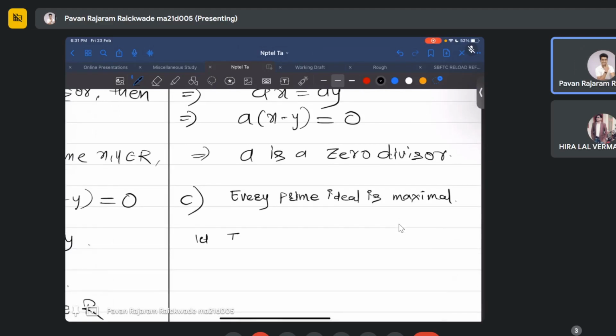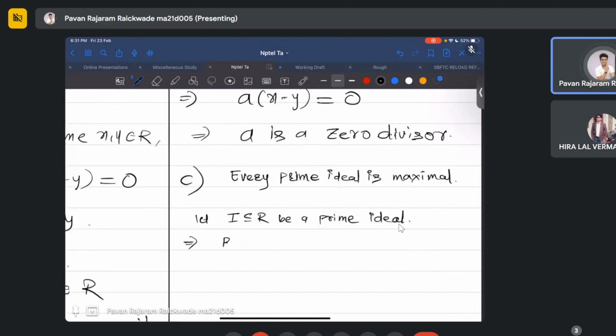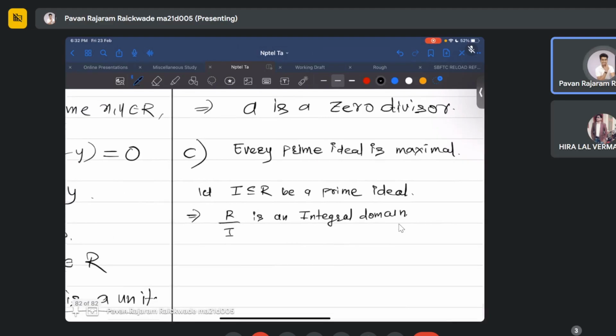Let I be a prime ideal. This implies R quotient I is an integral domain. Since R is finite, R quotient I is a finite integral domain, hence a field.